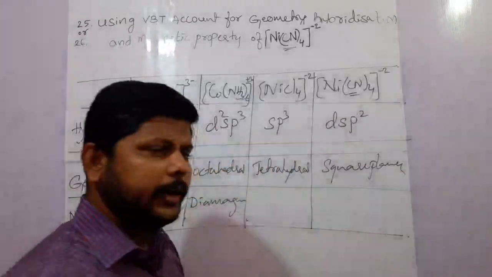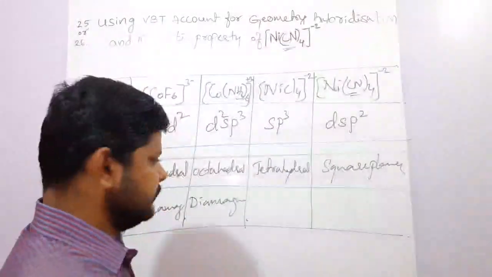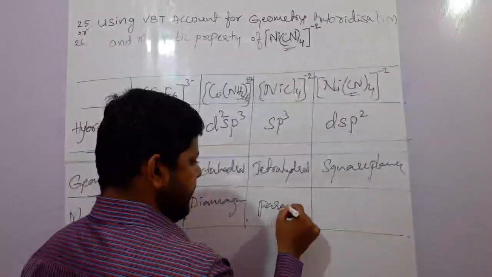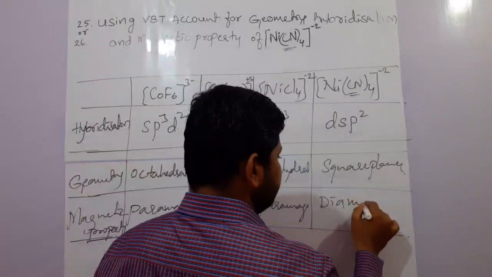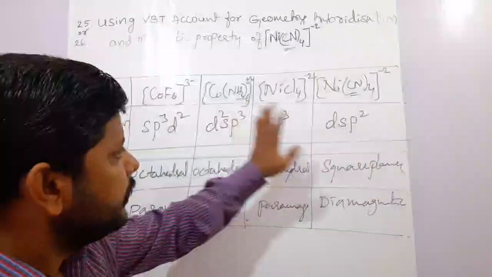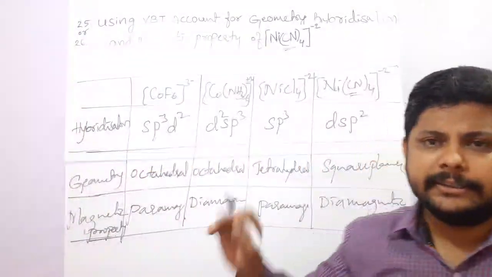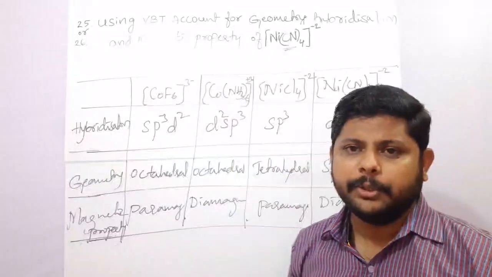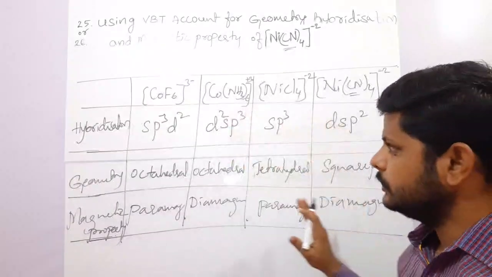For a weak ligand, unpaired electrons are there, so paramagnetic. For a strong ligand, there are no unpaired electrons, so the magnetic behavior is diamagnetic. If you remember this chart, you can easily write question number 25 or 26 in your examination for 3 marks.